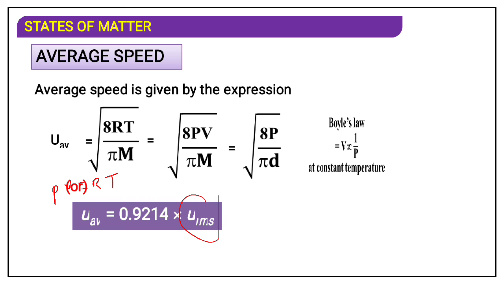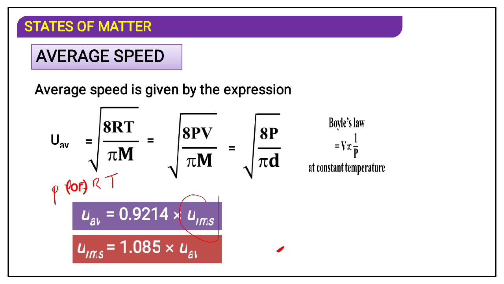The next one is, if you take the URMS velocity, then URMS velocity equals, if you multiply U average velocity with 1.085, which is equal to what?